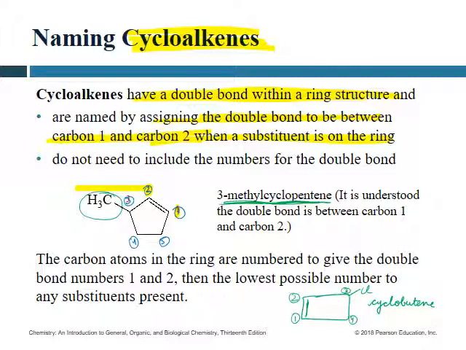You could go here 1, 2, 3, 4. If you do this, your substituent is getting number 4, which is not the smallest number possible. So therefore we will number it in the clockwise fashion. Okay, so now what would be the name of this compound? This is still cyclobutene, but now this is 3-chlorocyclobutene.